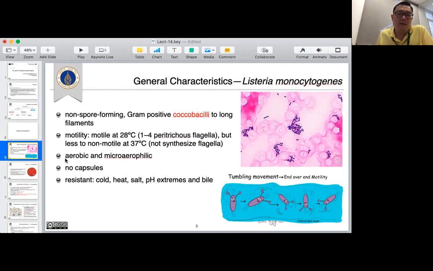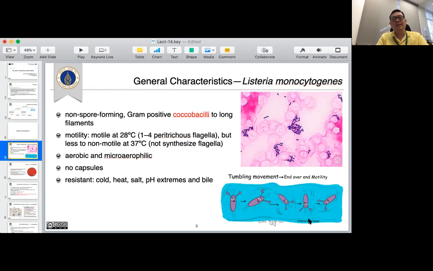Listeria is aerobic, and some strains of Listeria can be microaerophilic. They need oxygen, but not much. Listeria cannot produce capsule. Sometimes moving and sometimes not. But if they move, they do not move regularly like the others. They use flagella to propel around, with a tumbling movement, end to end like this.